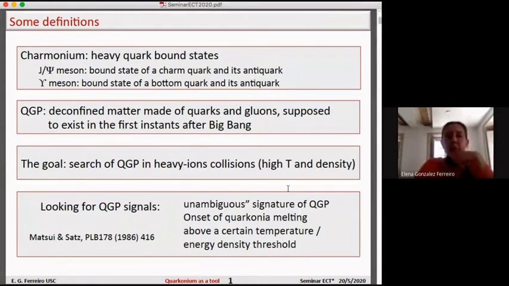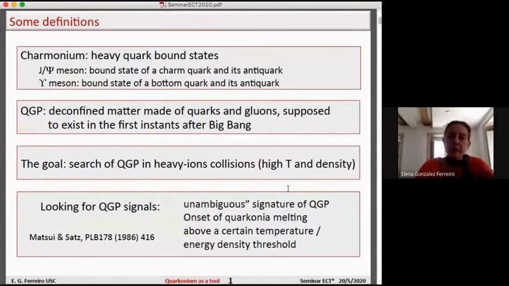Why are we studying charmonium? One of the main goals is the study of this quark-gluon plasma in heavy ion collisions. And charmonium was proposed many years ago, in 1986, as one of the signals for this quark-gluon plasma.